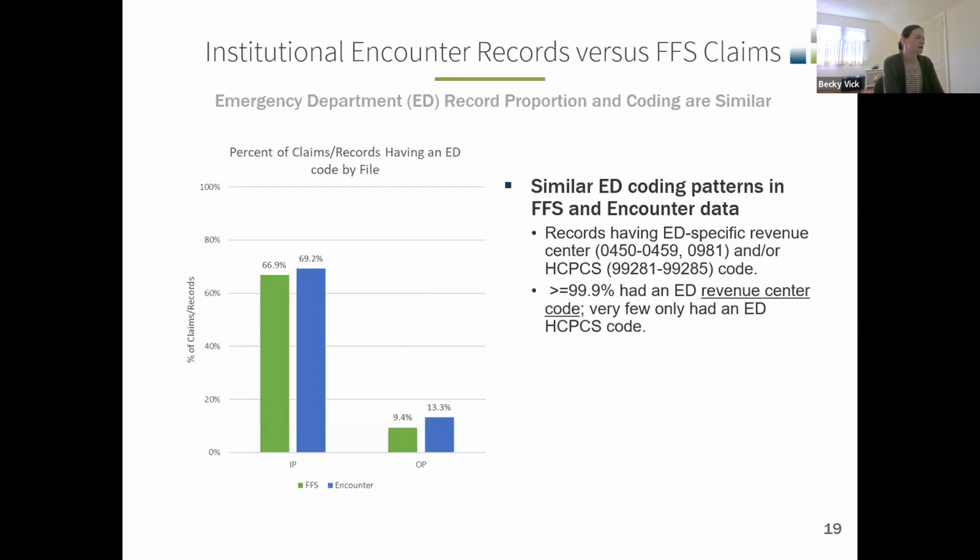So it just seems like there's a lot of similarity in what you can expect in the billing patterns. But you can't assume that. You still need to get to know your files and your data before moving ahead and making assumptions. But it is looking pretty similar for emergency records between the two groups.